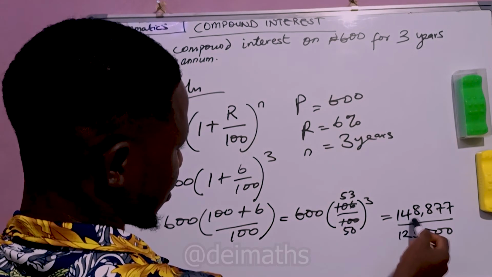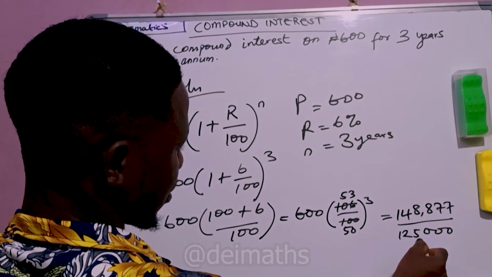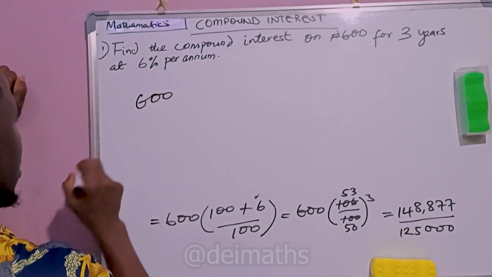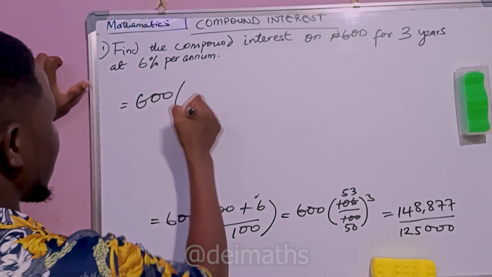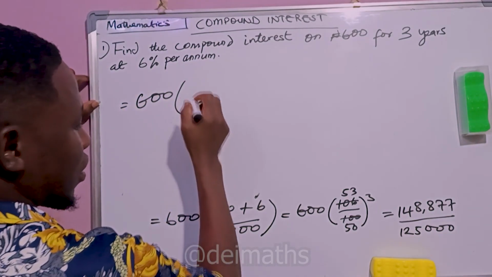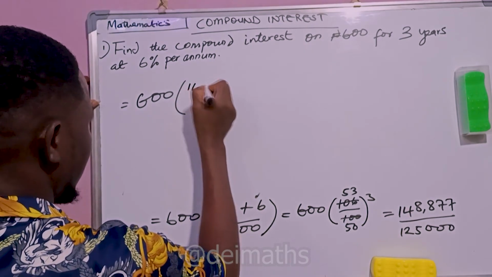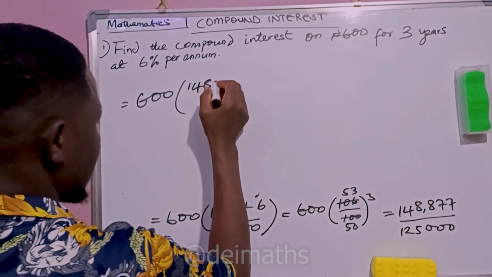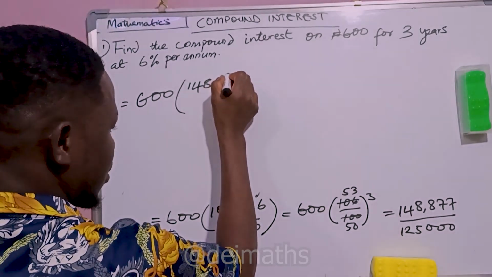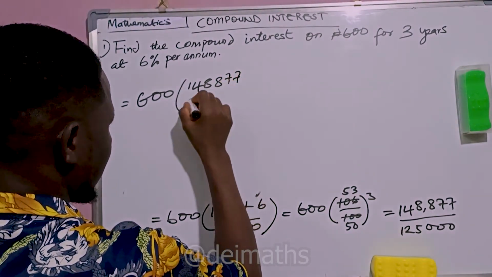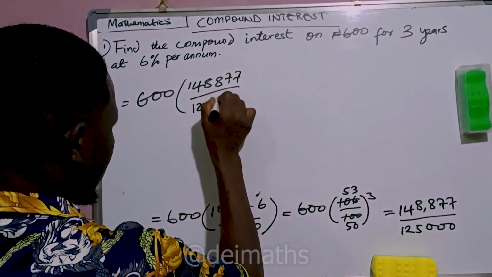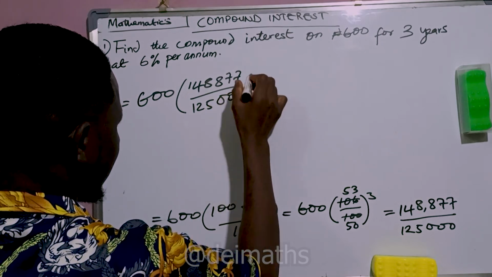Now we divide this with this. 600, which is our principal, times 148,877 over 125,000.